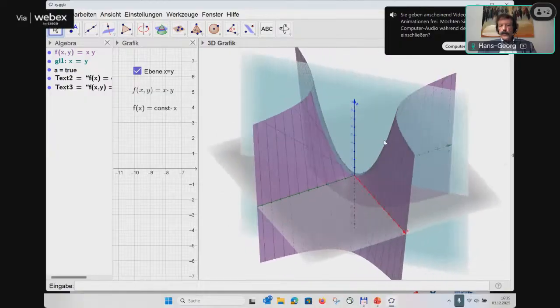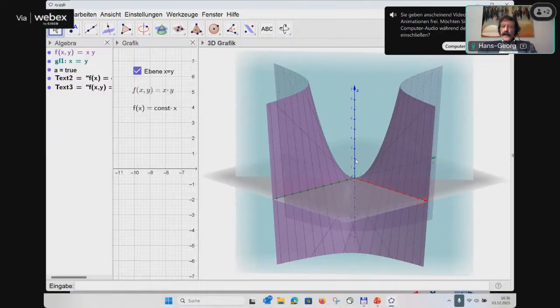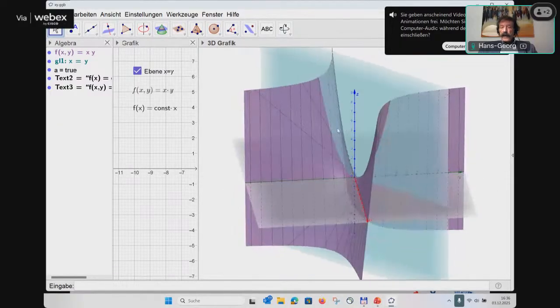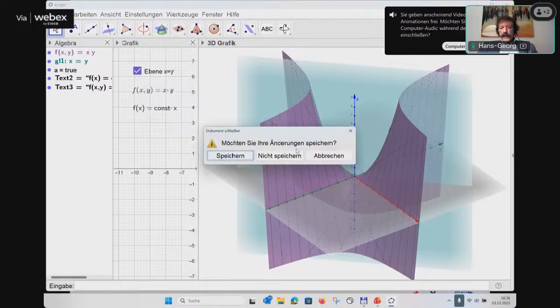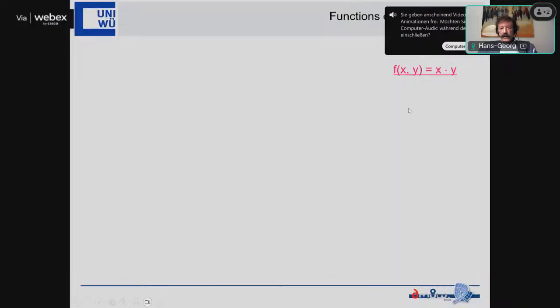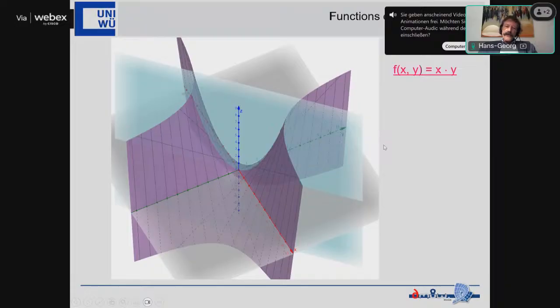Yeah, so you can see some conic section, especially this conic section of the parabola, in the 3D graph of this function. Here I have again a picture of it, and this plane is x equals y, and the intersection of this plane with the graph of this function is a parabola.